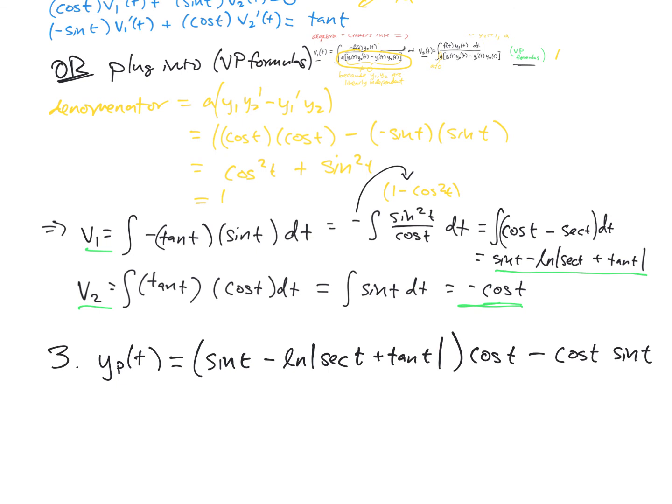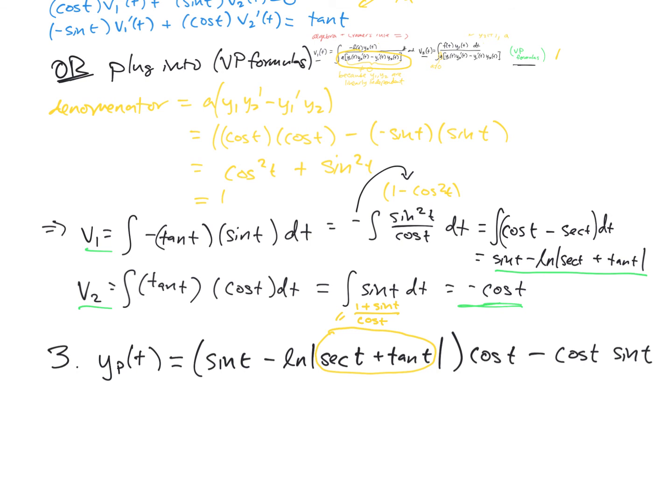And then we can simplify this down a little bit. This quantity on our interval is 1 over cosine plus sine over cosine. So it's equal to 1 plus sine t over cosine t.